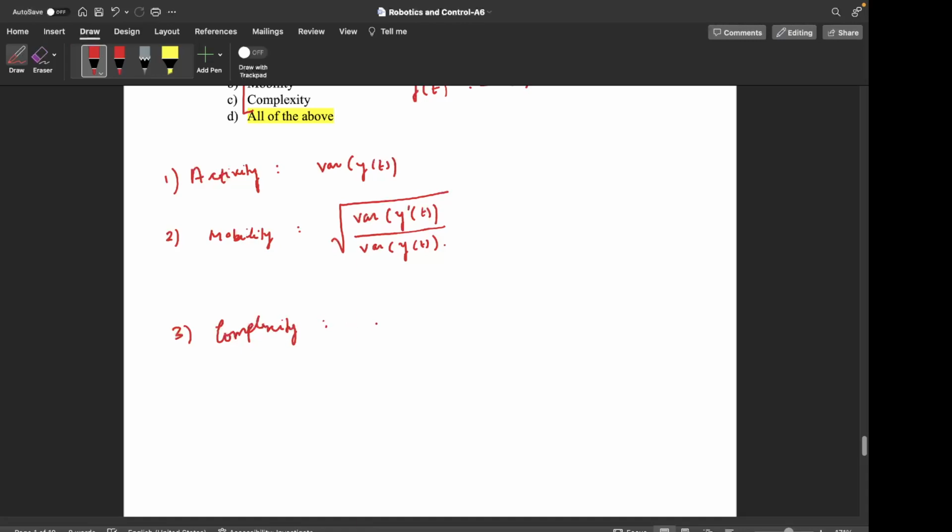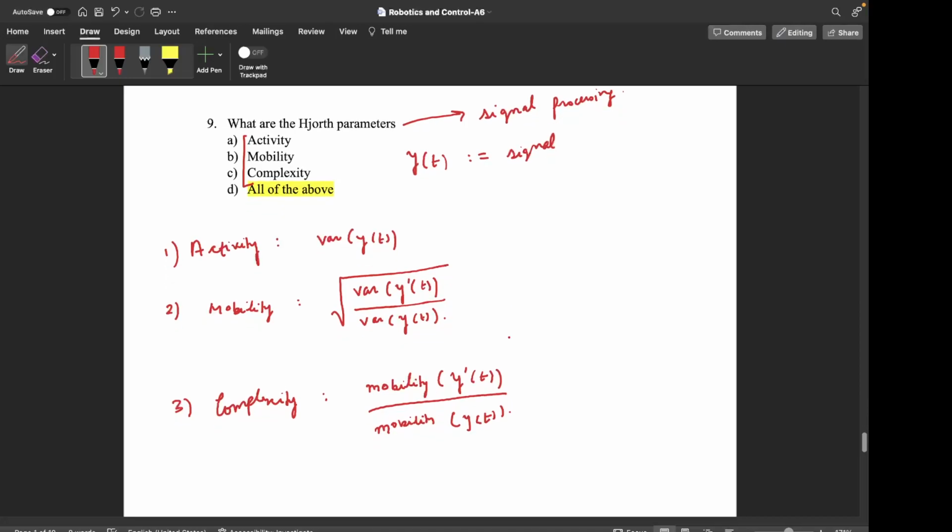Complexity is defined in terms of mobility: the mobility of the first derivative of y(t) divided by the mobility of y(t), right? So these are the three Hjorth parameters, and they are used in signal processing.